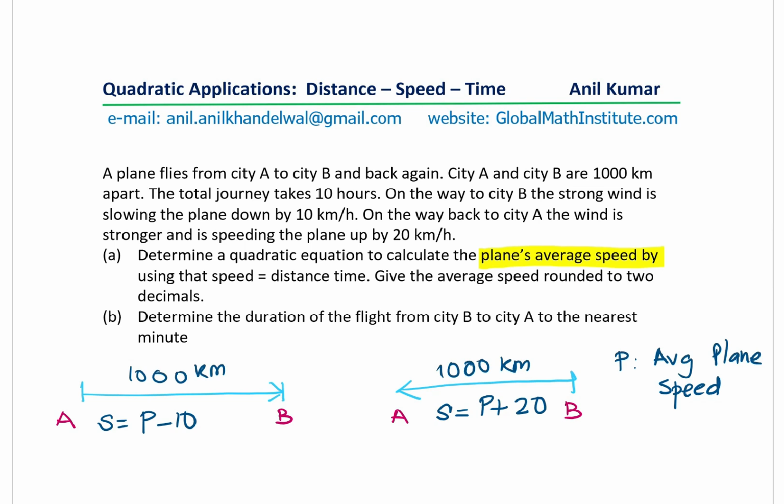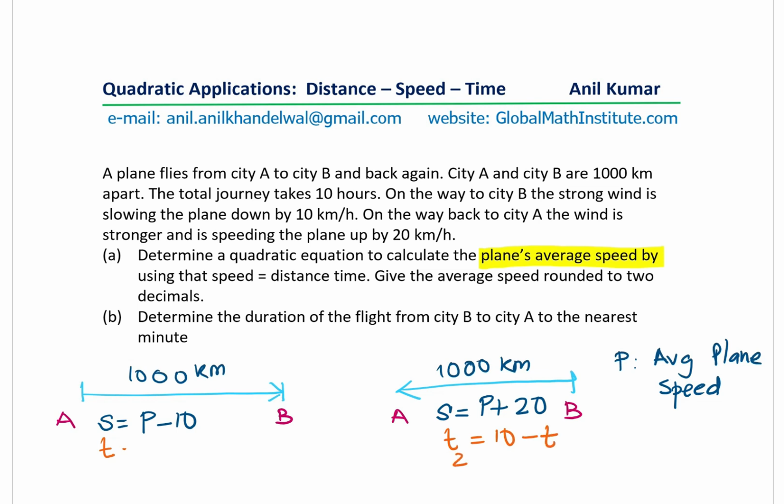So we also have to define a second variable, which is the duration of time, given to us as 10 hours, total duration, right? So the total duration of time is 10 hours. Let us say time here is t. Then the time in the other condition while coming back will be 10 minus t, right?